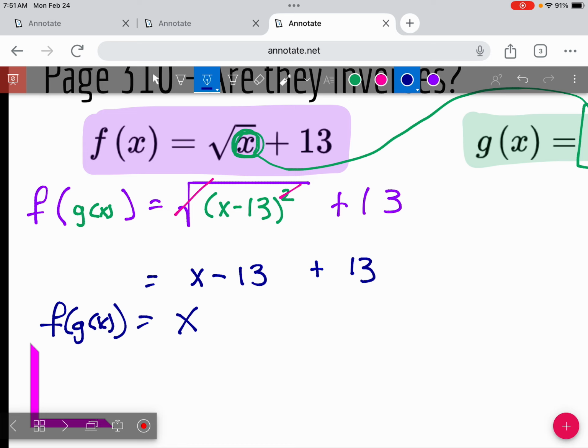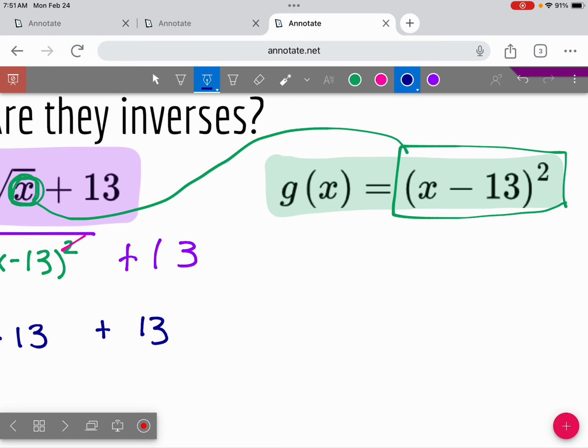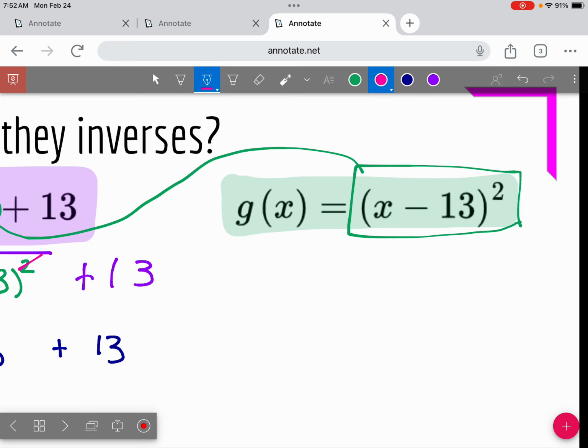Oh, well, now we think there might be inverses, so I guess we have to do the other side too. Look at me being mean. So since we think they might be inverses because I got f of g of x equaling x, let's test the other side too. Let's do our g of f of x. Same kind of vibe.